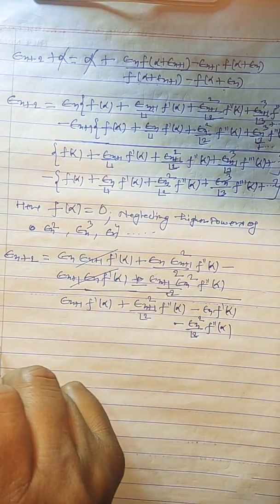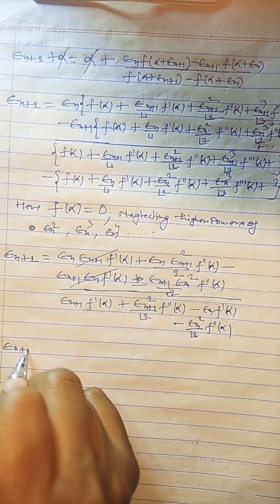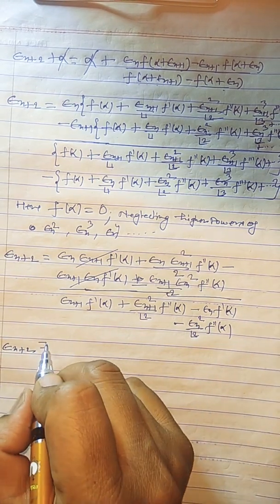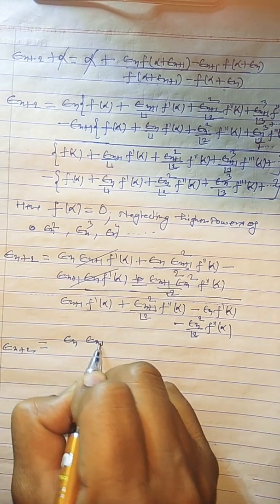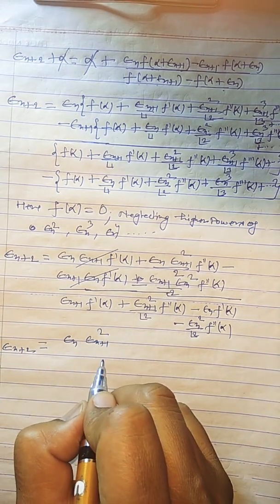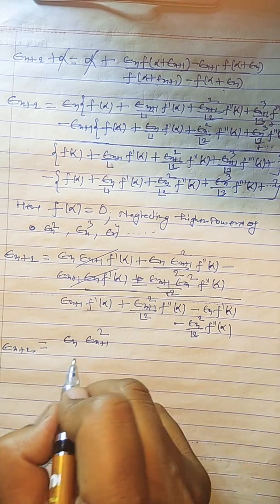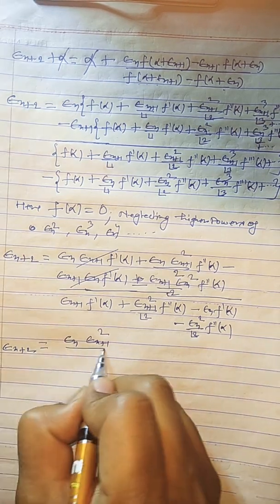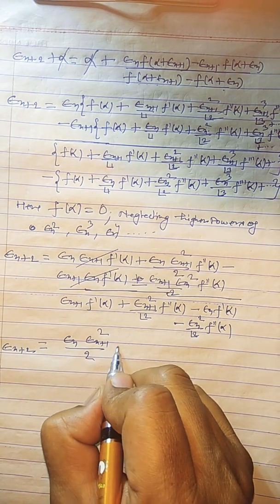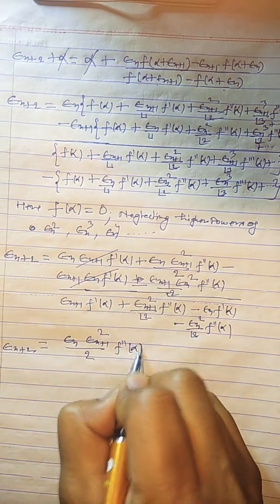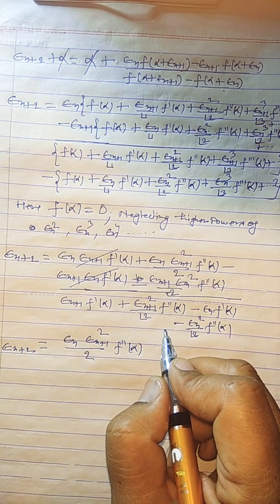What we get here: epsilon n plus 2 is equal to epsilon n plus 1 whole square upon 2 f double dash alpha. This is the common term.